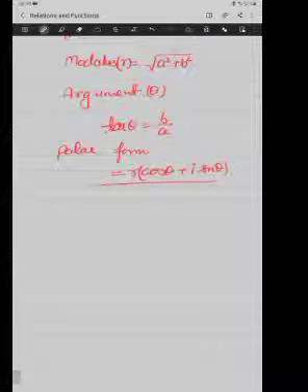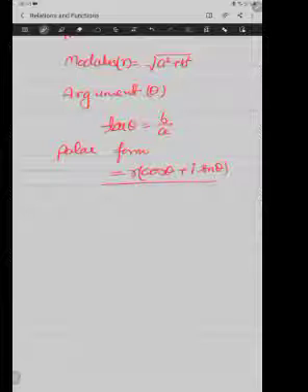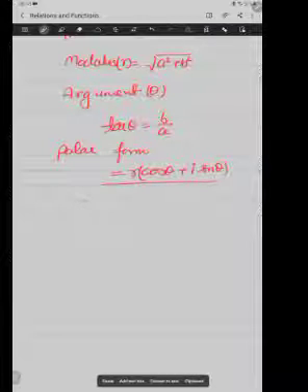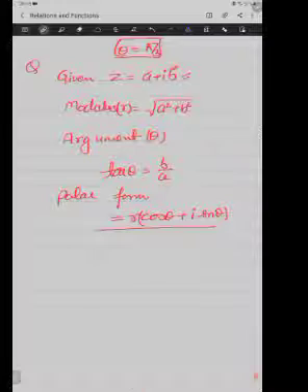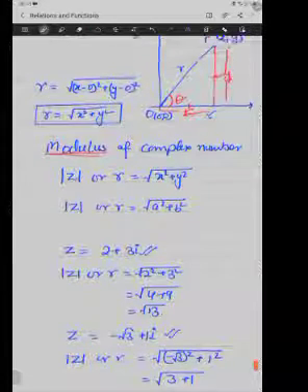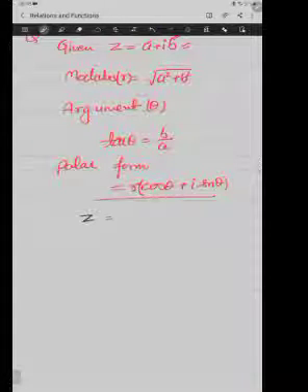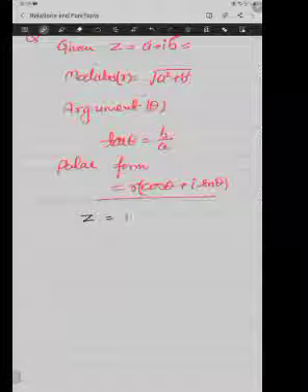Now, let me explain in the best way. I'm taking one question that might help you understand better. Z equals, which question did I take earlier? 2 plus 3i. Fine. Now I'm taking z equals 1 plus under root 3i.